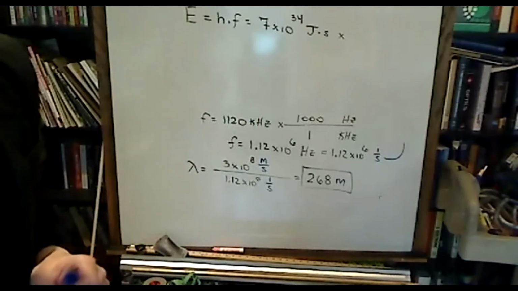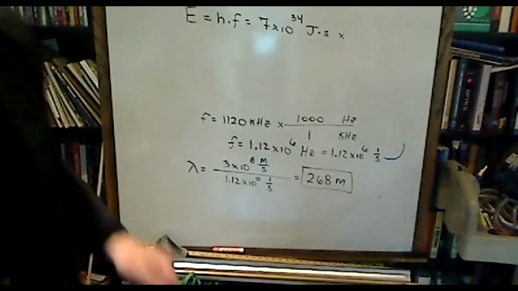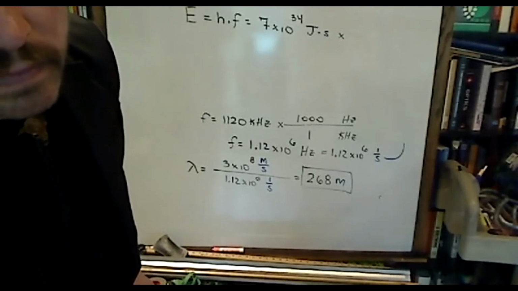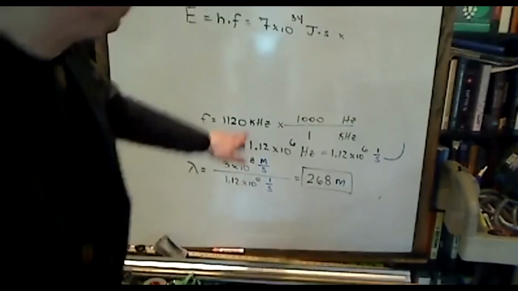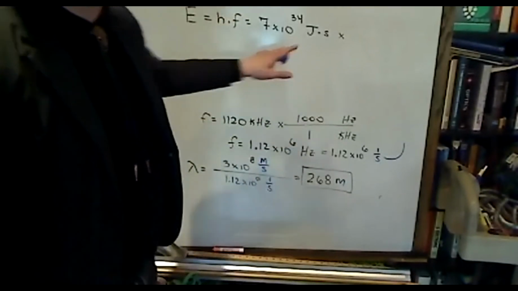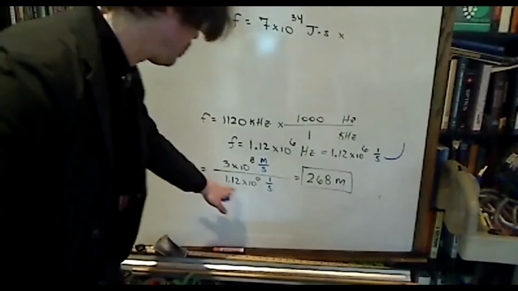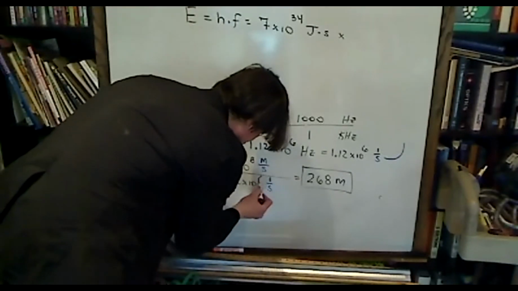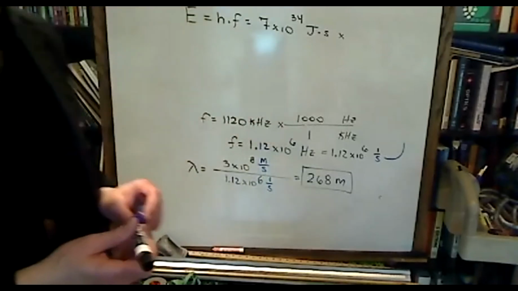You having trouble reading that, Angel? Yeah, what did it say, 1.12 times 10 to the what? Do you mean here? 34. No, at the top. Down. Oh, yep, the 6 power, sorry. Okay. Times 10 to the 6th.